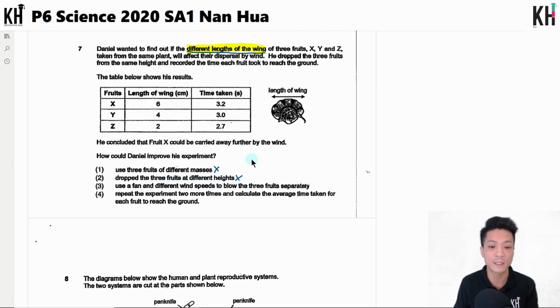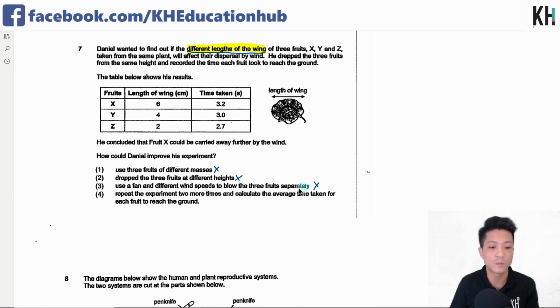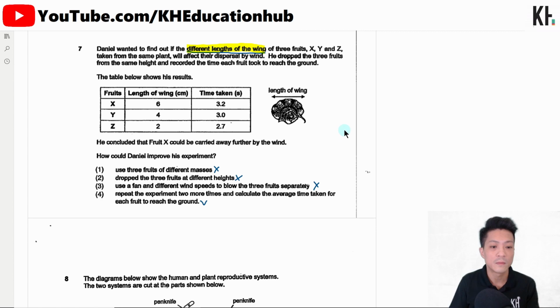In order for it to be a fair test, you must drop it from the same height. Use a fan and a different wind speed to blow the 3 fruits separately, also probably not. Repeat the experiment 2 more times and calculate the average time taken for each fruit to reach the ground. Yes. So the answer should be number 4.